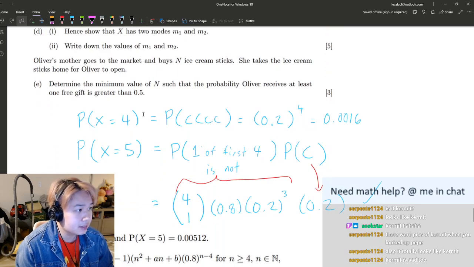And then last question: Oliver's mother goes to the market and buys N ice cream sticks. She takes the ice cream sticks home for Oliver to open. Determine the minimum value of N such that the probability that Oliver receives at least one free gift is greater than 0.5.